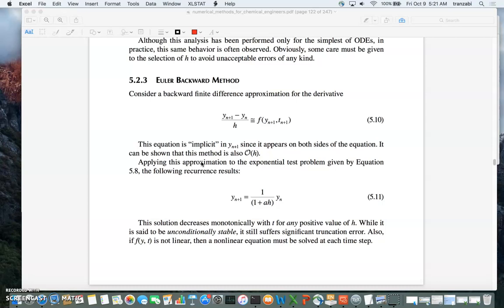We also had forward and backward difference for numerical derivatives. We have almost the same way to solve differential equations using backward and forward Euler. We saw forward Euler before. Right now we're going to look at backward difference, or backward Euler.